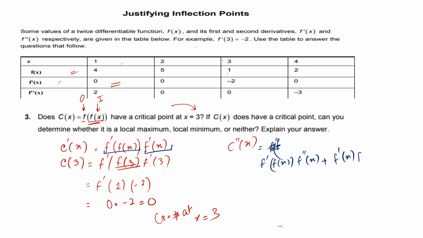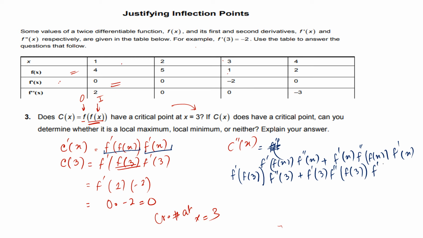So the second function will be f double prime, outer function. Write the inner function as it is and then take the derivative of the inner function. Replace all the x by 3. So you will get f prime of f of 3, then f double prime of 3, plus f prime of 3, f double prime of f of 3.